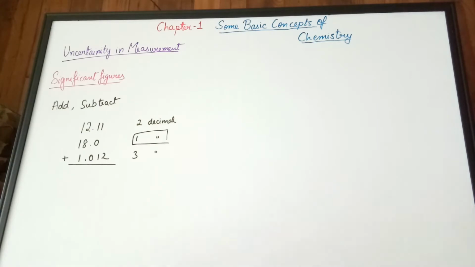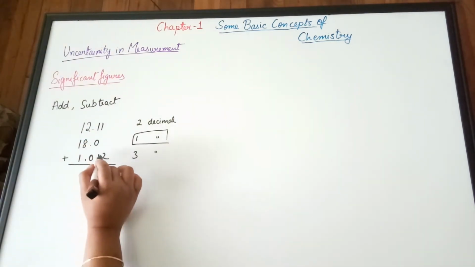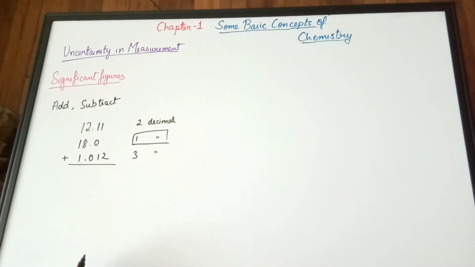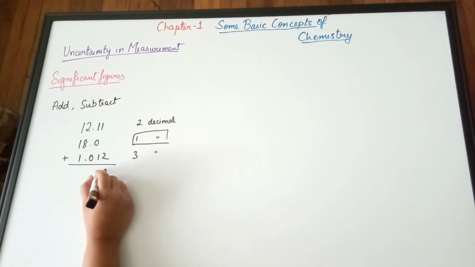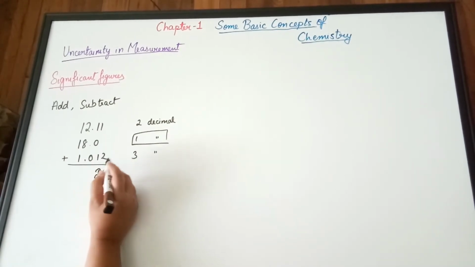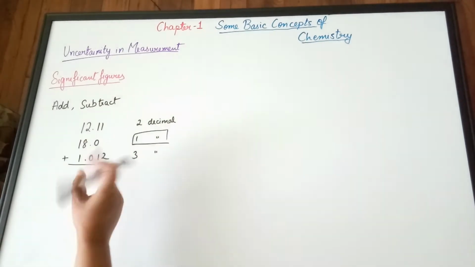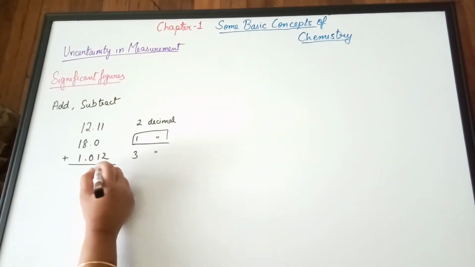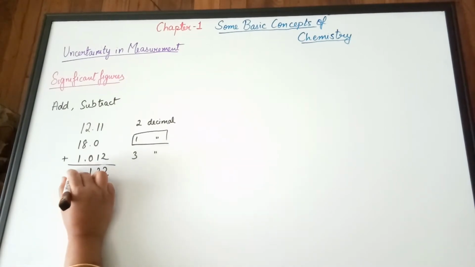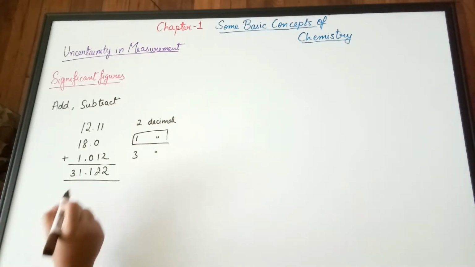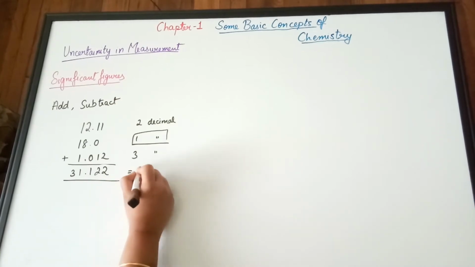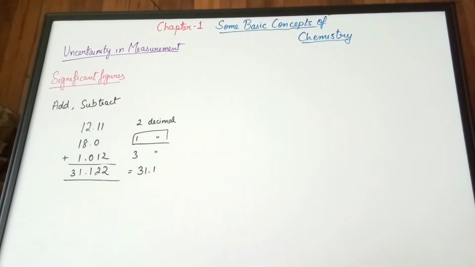That doesn't mean I will be removing these values while adding. We will first add, and that will give us 31.121. Based on our rule, our solution should have only 1 decimal place, which means the answer is 31.1.